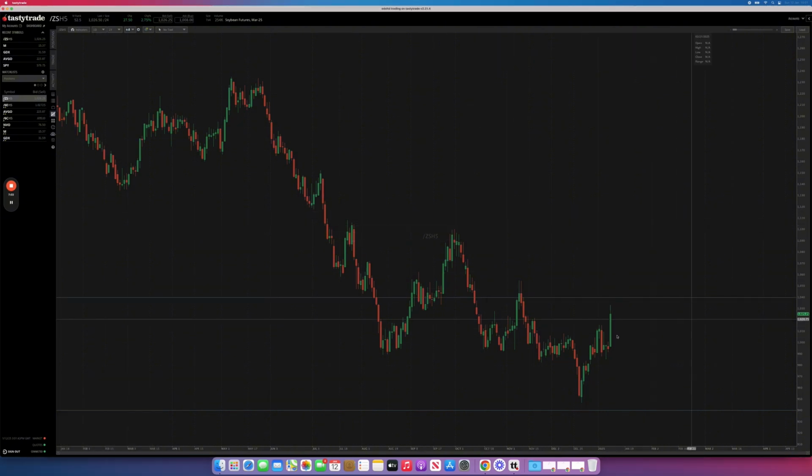So if we have a look here, ZS has had a pretty sharp spike upwards on Friday, which is why we're in a slight negative drawdown on this position. However, there's absolutely nothing to worry about here. We haven't breached our strikes, and even if we had, this is a defined risk position.